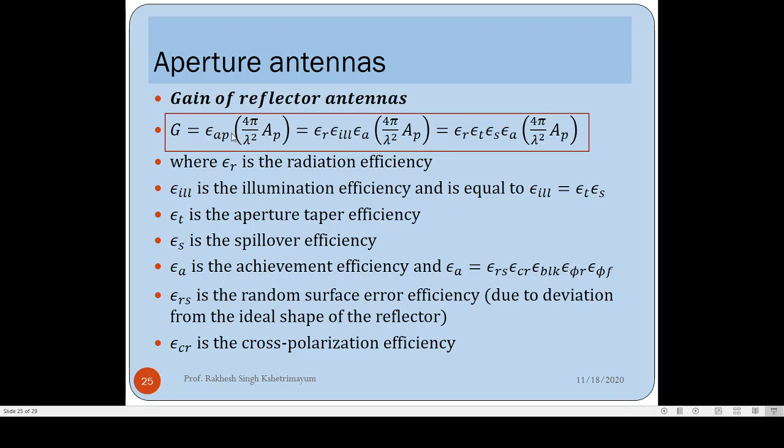Now this aperture efficiency can be reduced into three terms: epsilon r, the illumination efficiency, and the achievement efficiency.